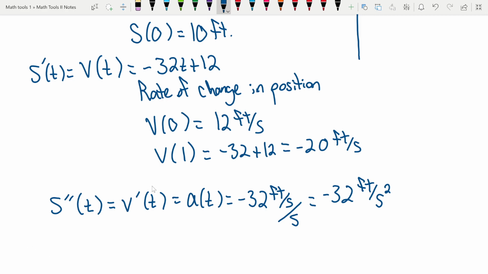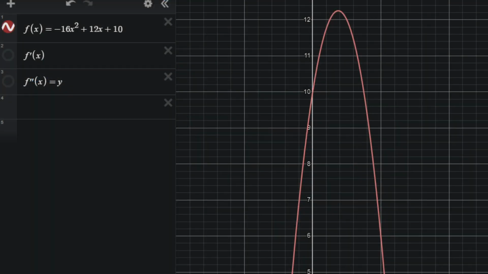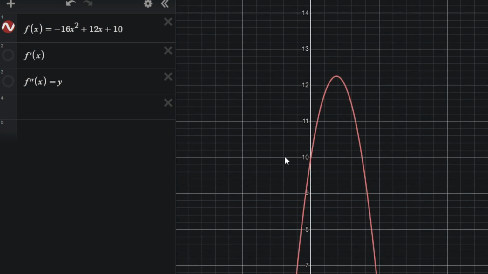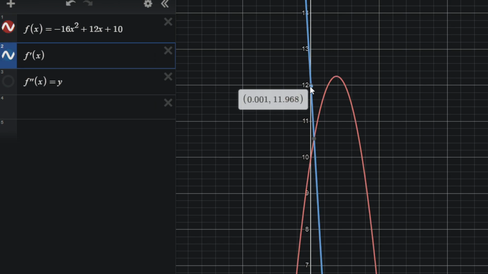So I did pull up the graph on Desmos, so we can just look at that real quick. A better drawing of this, right? So again, this is the initial function. It's like we start at 10, and then you can imagine you throw the ball upwards at an initial velocity of 12 feet per second, which you can see on the graph right here, the blue line.